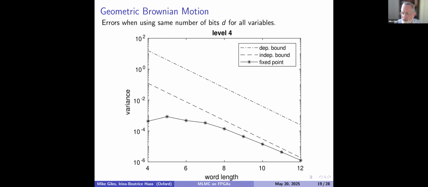So for the purposes of optimization, we're going to use that error bound to give us a prediction for the variance of our results. And remember, this is actually the variance of the difference between the FPGA approximate simulation and the true simulation, which will be on the CPU.